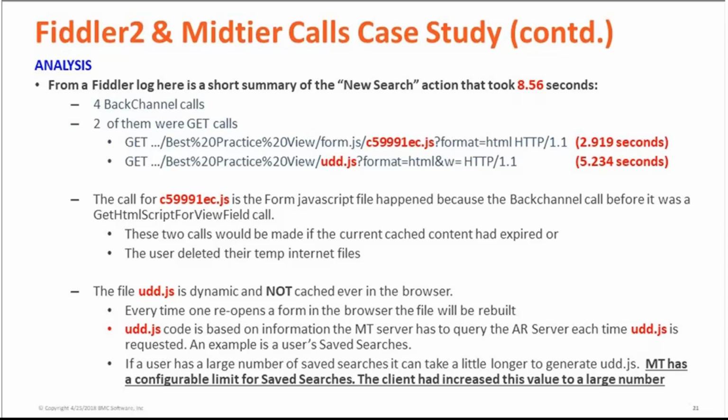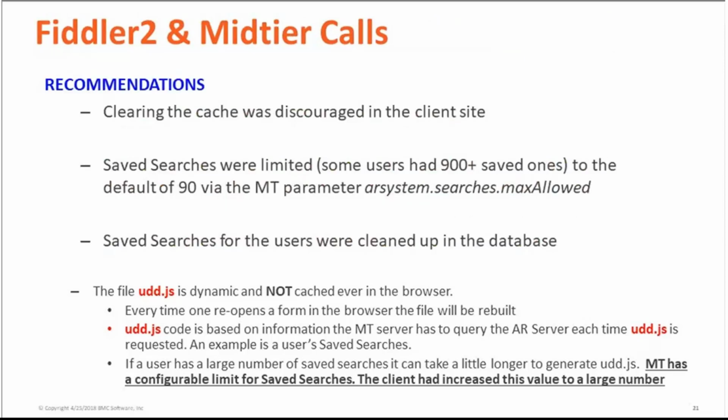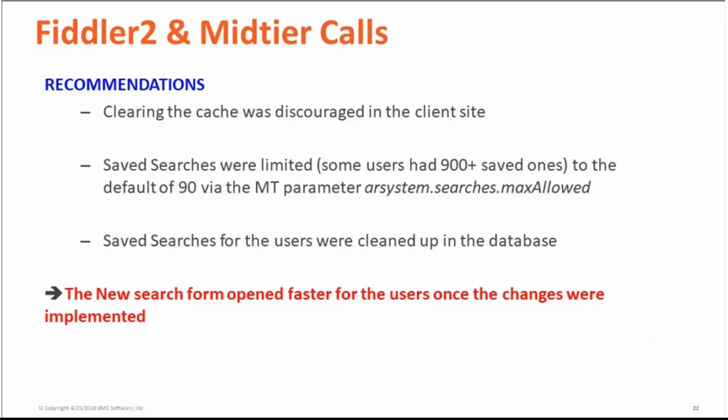In the case of this particular set of users, this particular client had increased their saved searches to a really large number. The mid-tier has a configurable limit for saved searches, and there is a default value. Users having issues with this new search button action had created a lot of saved searches. They were performing searches all the time and saving them. So there were some users who had 900 or more saved searches.